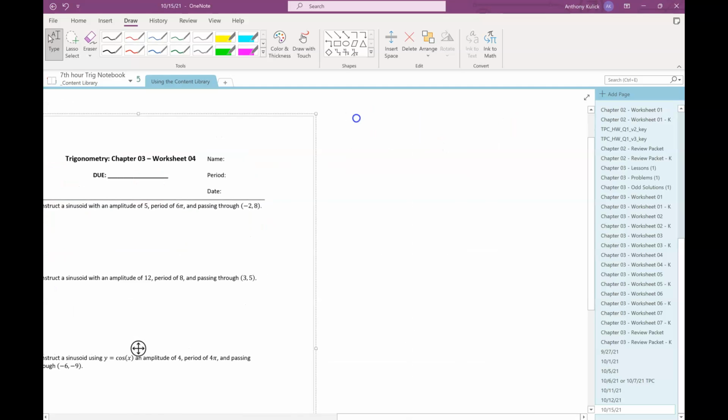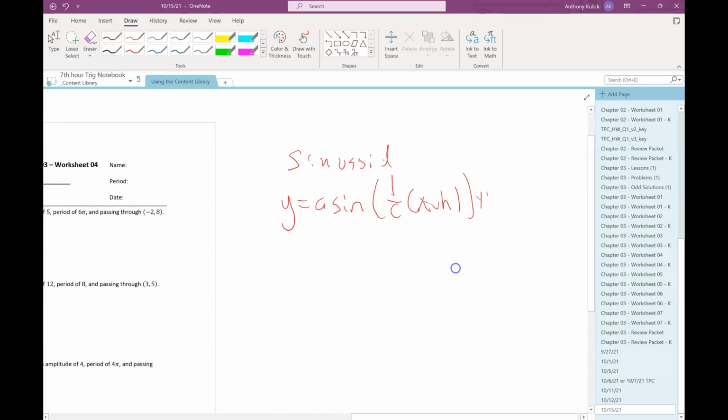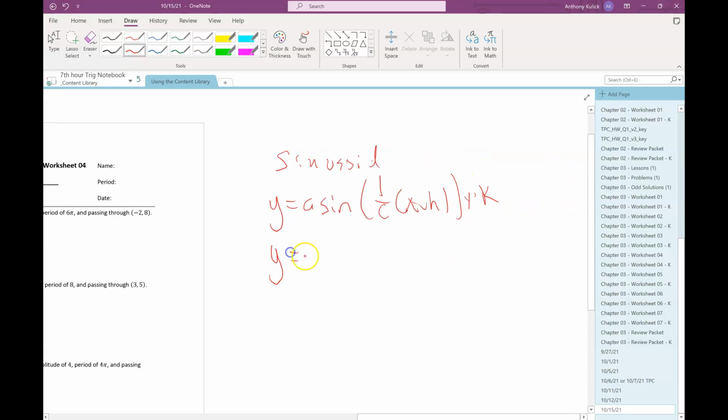So when we say sinusoid, we mean that we want either an equation like this or an equation like this. One or the other, doesn't matter which one. For each of these, it's possible to do either for each of them. In fact, there's infinitely many answers for each of them. The trick will be to not have to do it the hardest way possible.